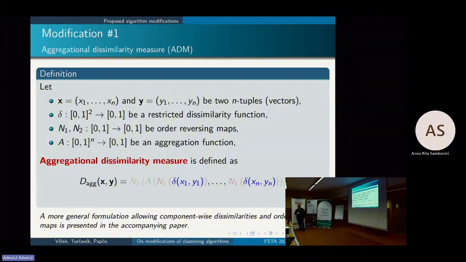For example, we compute the aggregational dissimilarity for a centroid and a point. Then we apply the order reversing map, the aggregation function, and again an order reversing map.